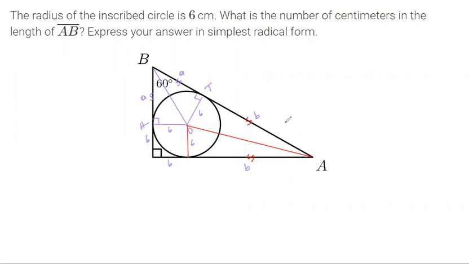Okay. And I do know this is 30 degrees right here, which means 15 and 15 degrees, because these two are identical triangles, which makes this angle into two equal pieces. But if you look at the larger triangle, the side opposite the 30 degrees is A plus 6.